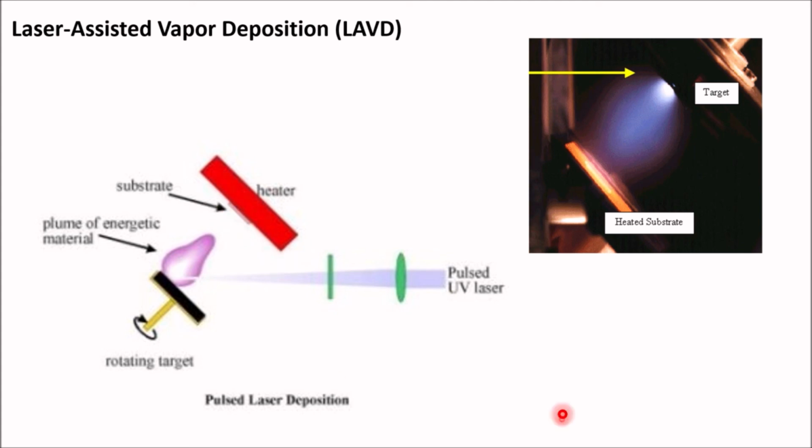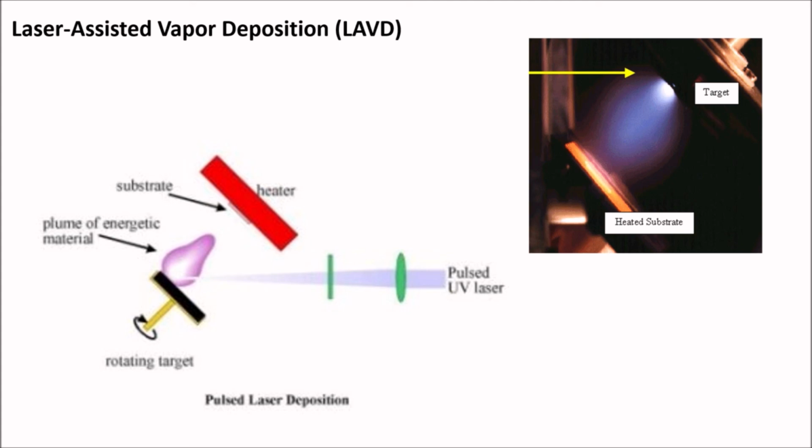A laser beam is focused through an optical window of the vacuum system onto a solid target material. The laser beam then vaporizes the evaporant and subsequently deposits it on a substrate which is placed opposite to the target material. Deposited film usually maintains the target stoichiometry.